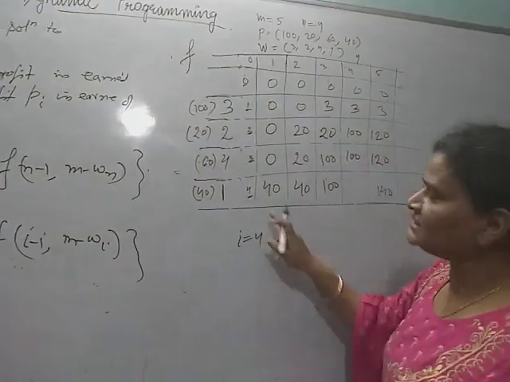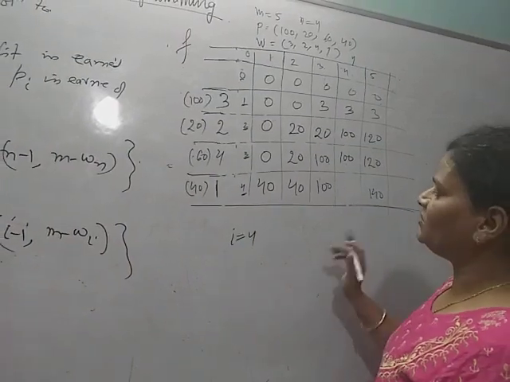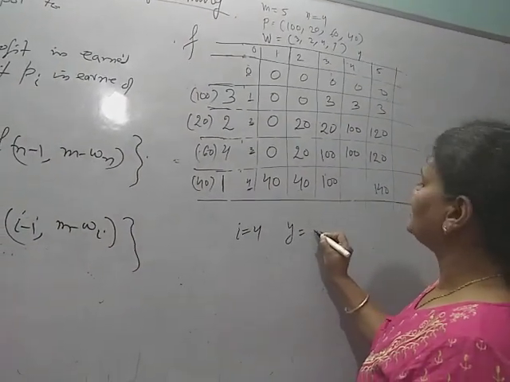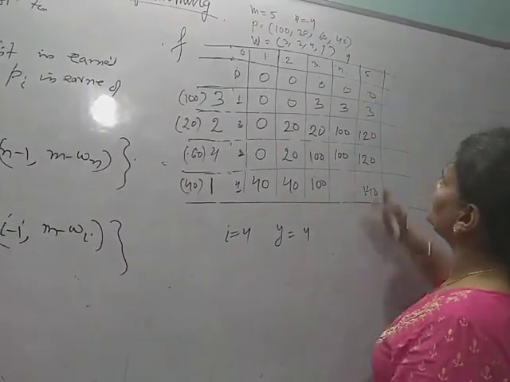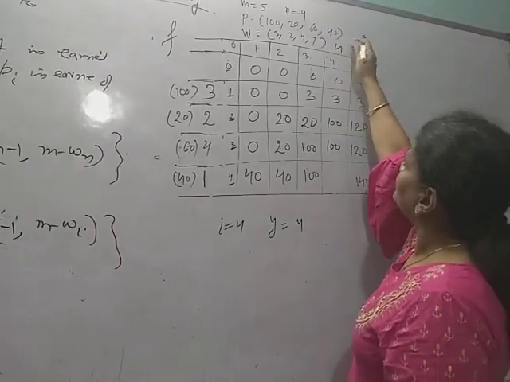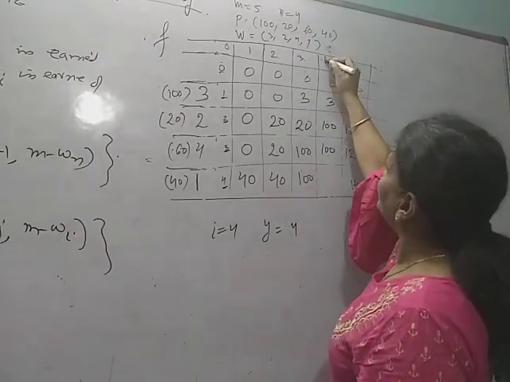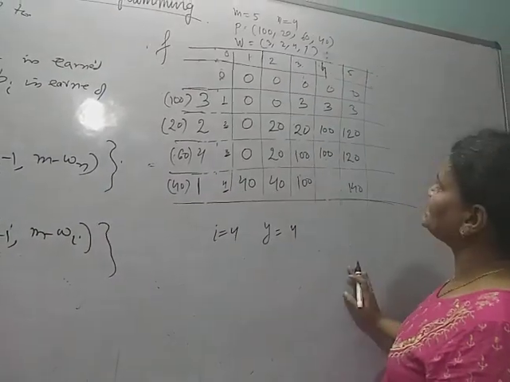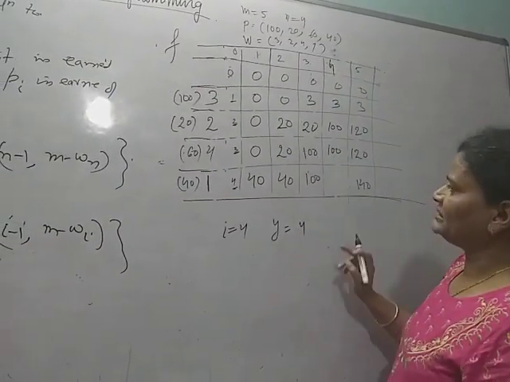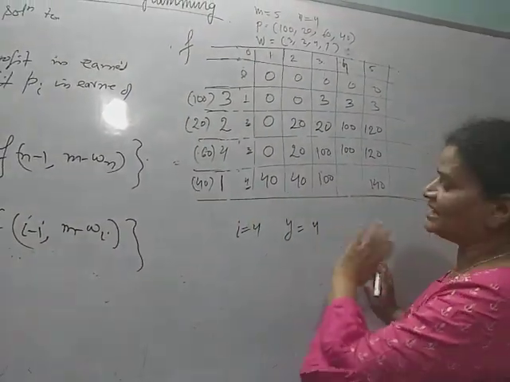I am taking the decision for the fourth object, and now the y is also 4. So simply see, either this fourth object is excluded.